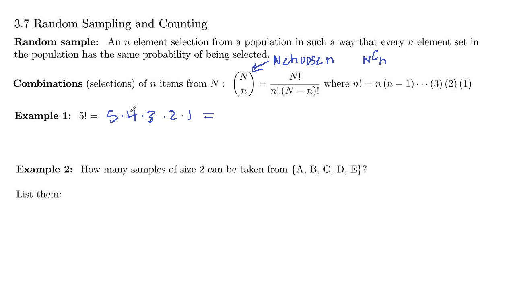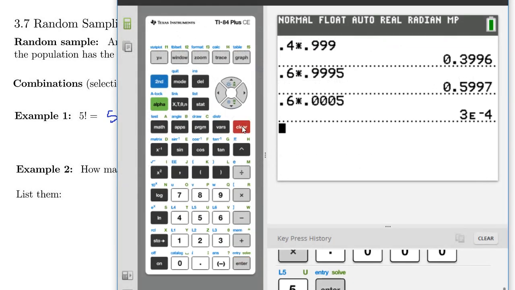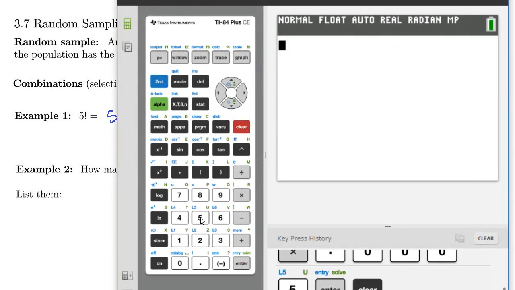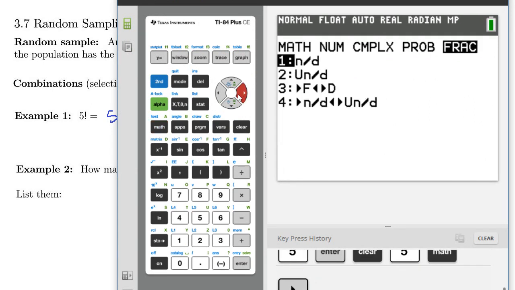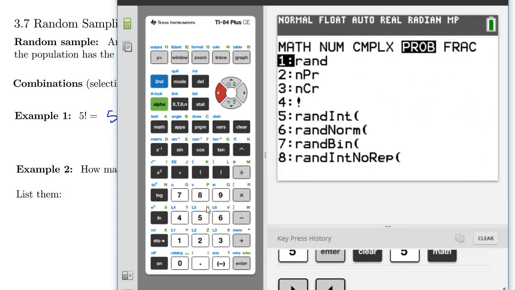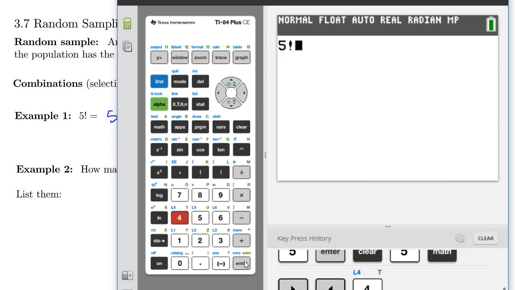So that's 20 times 3, 60 times 2, 120. And you can compute this on your calculator also. You type in the 5, go to the math menu, and then probability, and then it's number 4. So 5 with the exclamation point, 120.